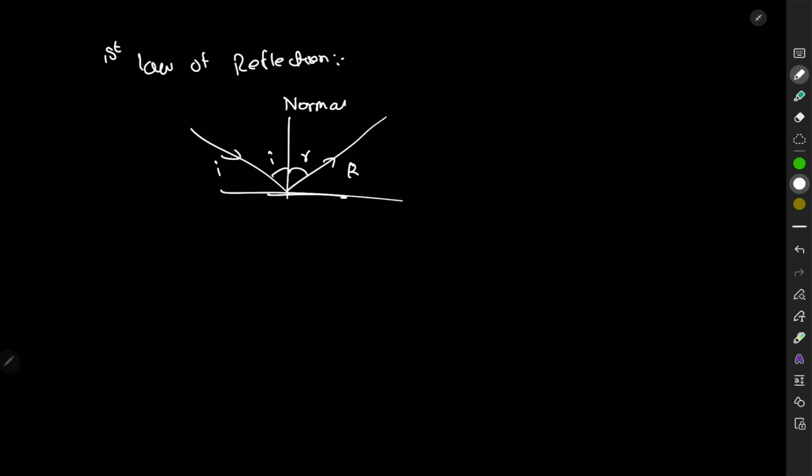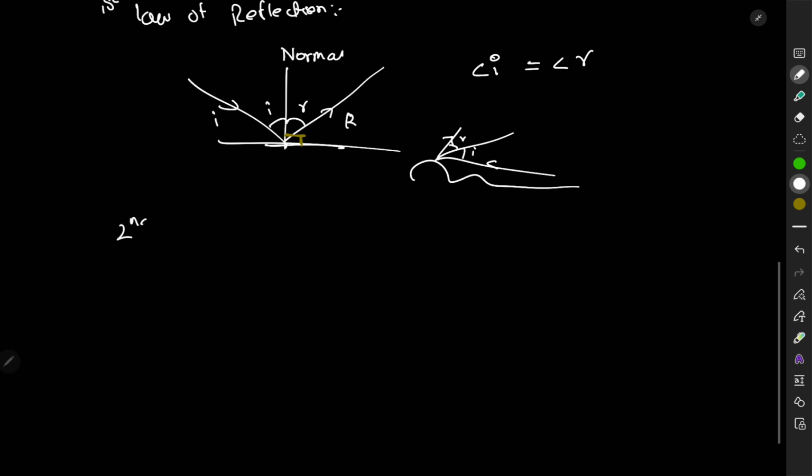Understand, the normal is always perpendicular to the surface, fine. So the angle of incidence will always be equal to the angle of reflection. It can be any surface. The angle of incidence will always be equal to the angle of reflection, fine. So this is the first law.